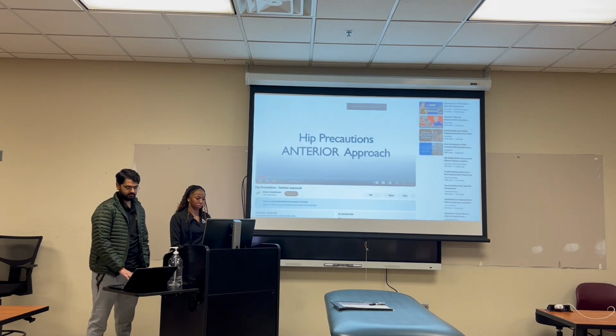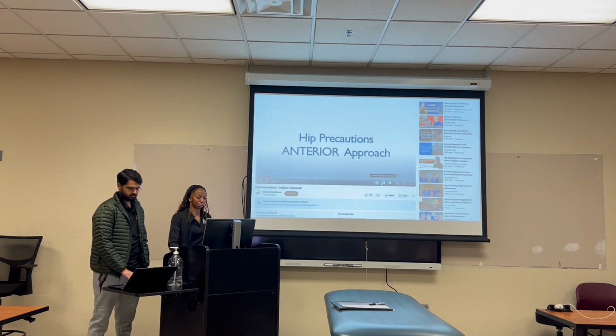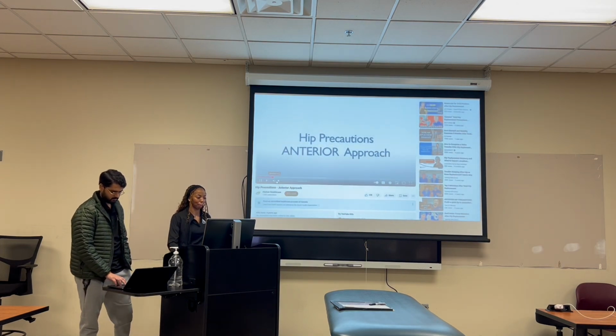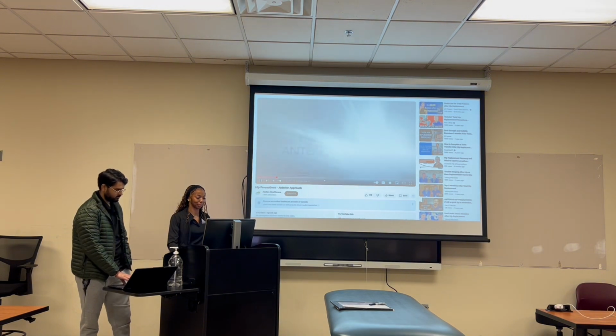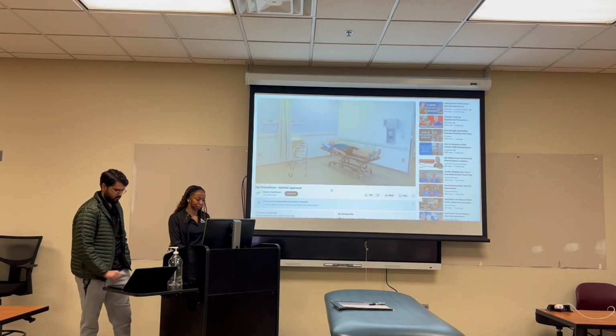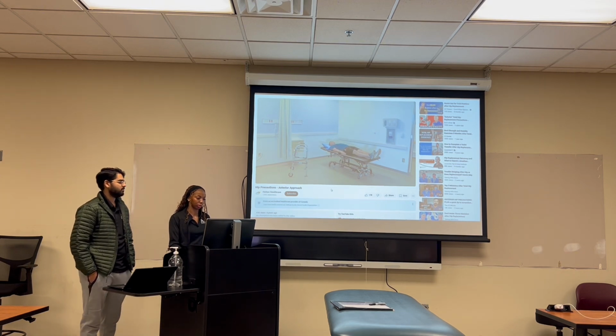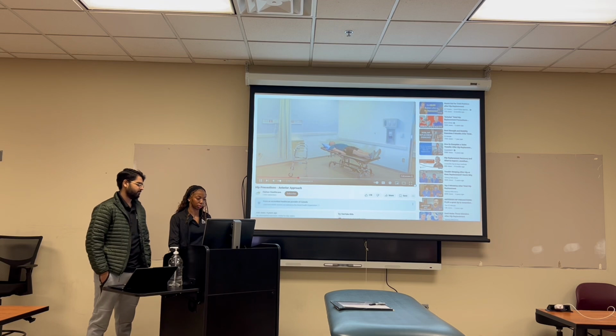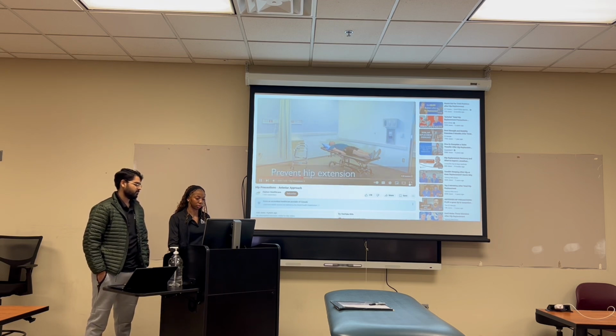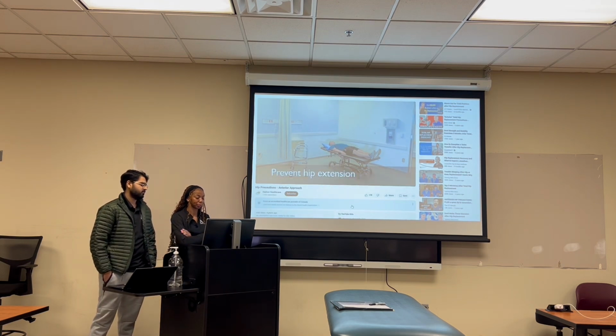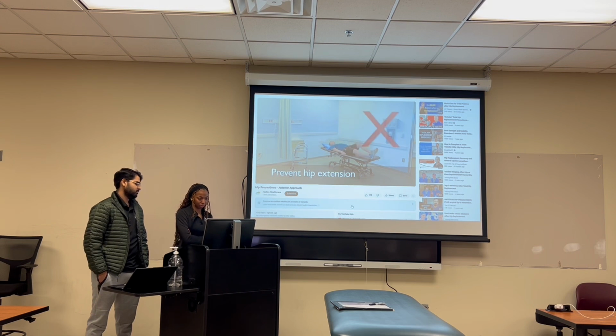After your total hip replacement surgery with the anterior approach, your surgeon may give precautions for the first 6 weeks after your surgery. These precautions may be in place to minimize the risk of hip dislocation. The first precaution they may give you is to prevent hip extension. In lying, this is done by preventing yourself from bridging on the bed or lifting your hips away from the bed.